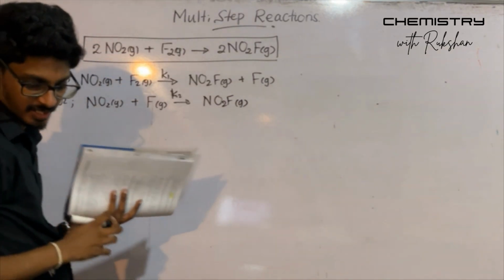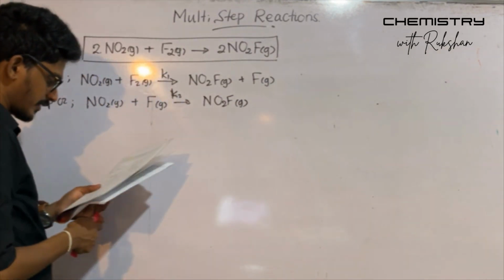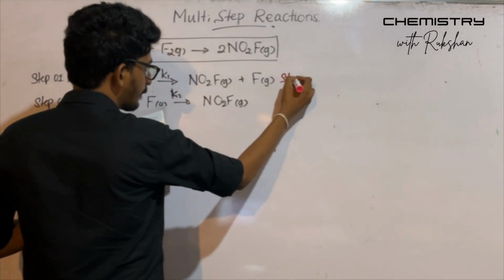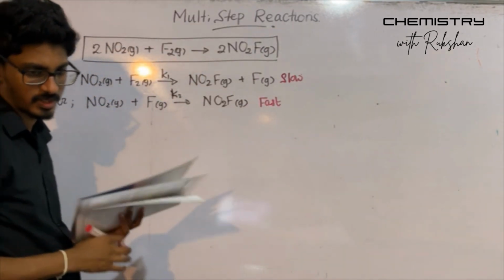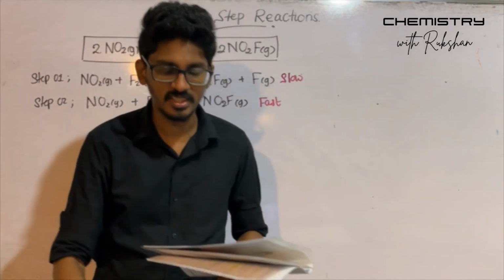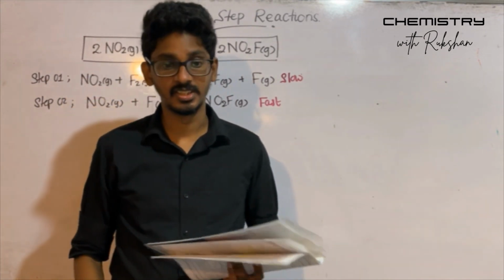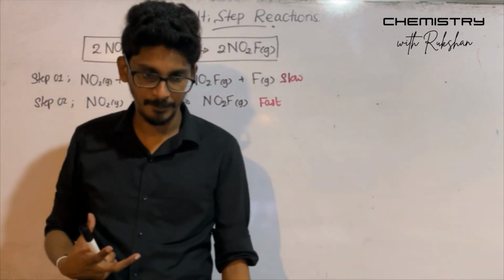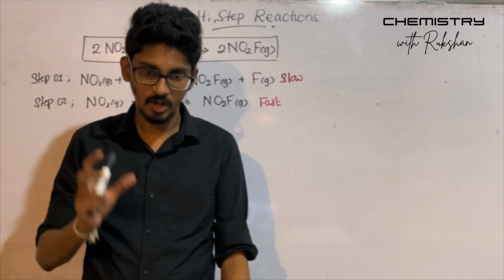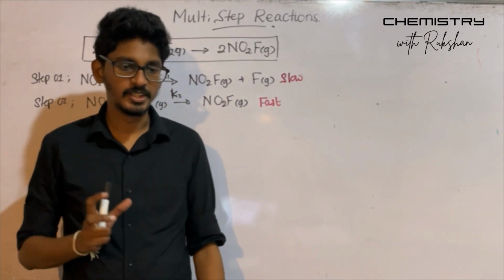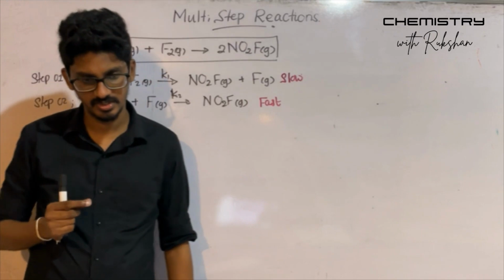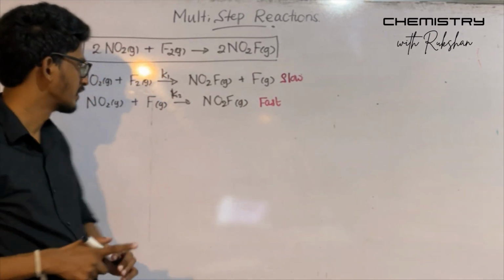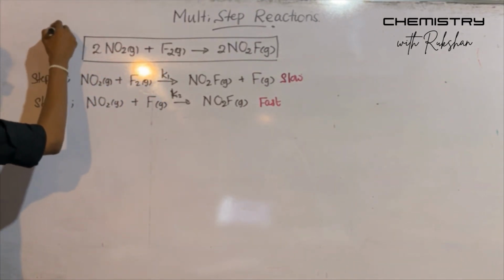They have mentioned that this is slow and this is fast. So our first discussion is how to come up with the rate law with the use of this mechanism. This is example one.